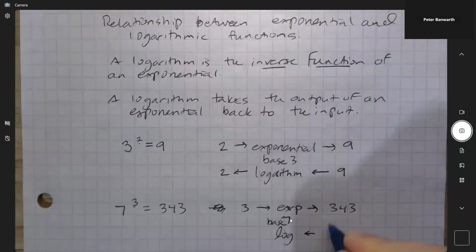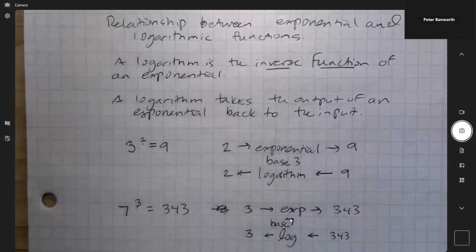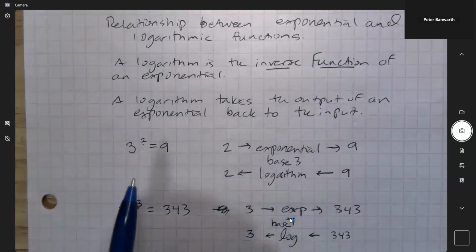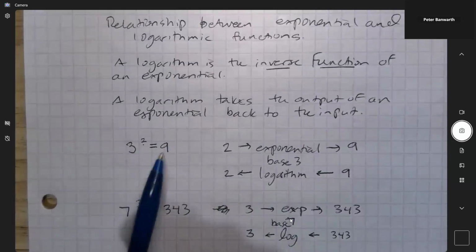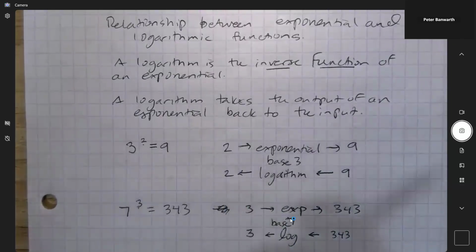And the logarithm takes that 343 and sends it right back to where it started, to the number 3. This equation, 3 squared equals 9, shows me both the exponential relationship and the logarithm relationship.